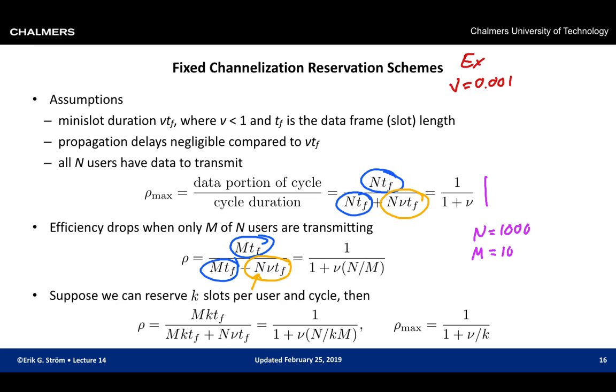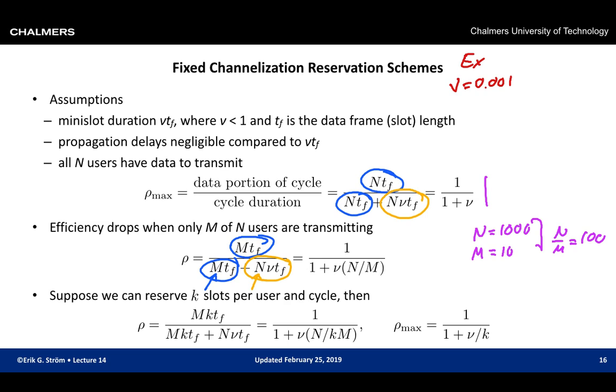So we have n users, but we are only transmitting m data packets per cycle. And then when doing the calculations, we see it's 1 over 1 plus nu times this factor n over m. Okay, so what was n over m in this case? 100, right?